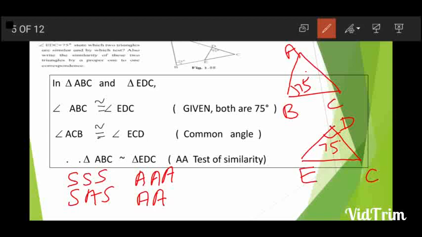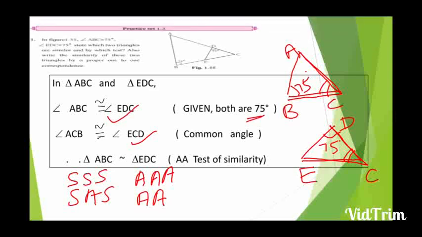So here I came to know that angle ACB and angle DCE are both congruent. Why? Because they are a common angle. That is what I have written over here. Angle ACB is congruent to angle ECD, common angle, and angle ABC is congruent to angle EDC. They both are 75 degrees as given.